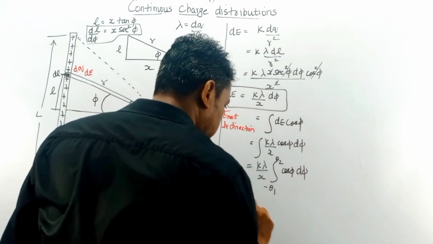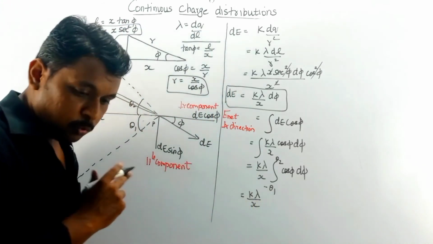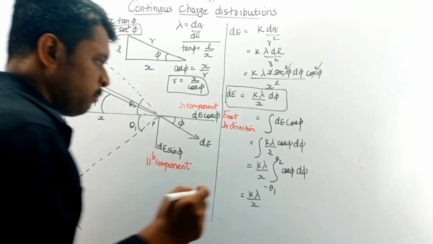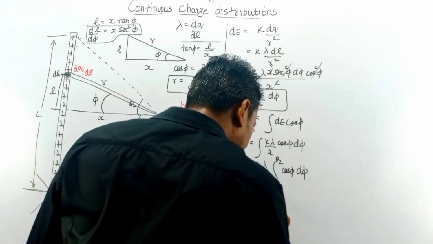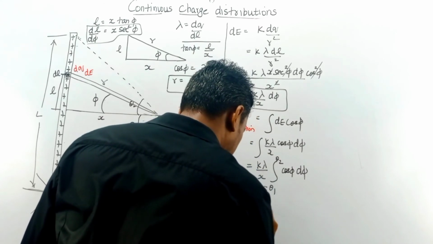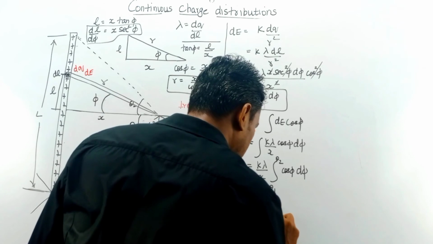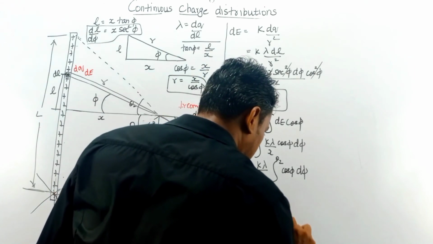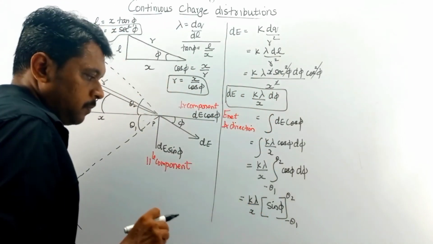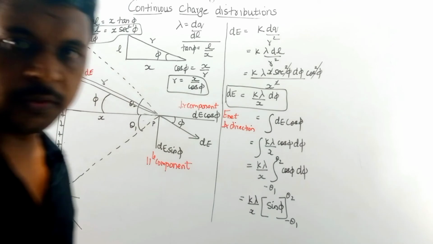So when you integrate, we will be getting k lambda by x, and this term becomes sine phi, from minus theta 1 to theta 2.